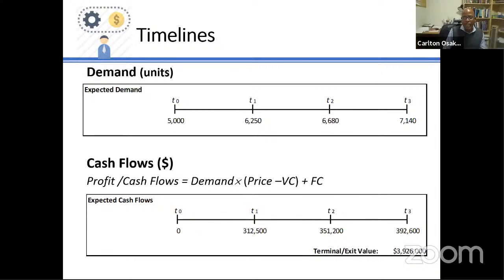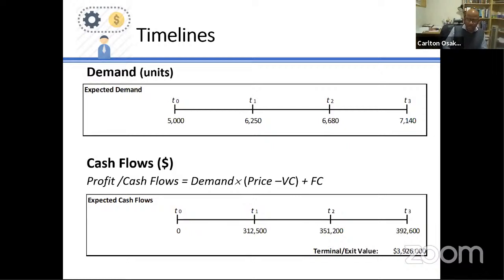And based on an exit multiple of 10, so times 10, that is a market capitalization of 10%, the terminal value is 3.9 million, or 3,926,000. Okay.